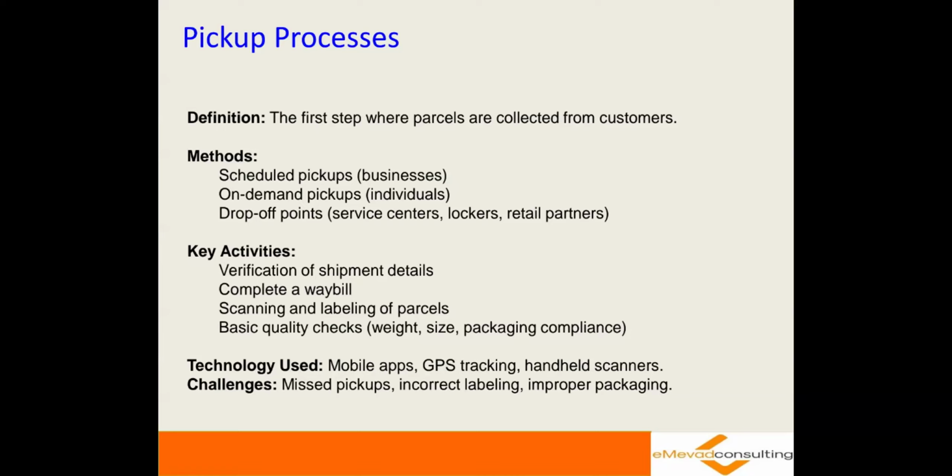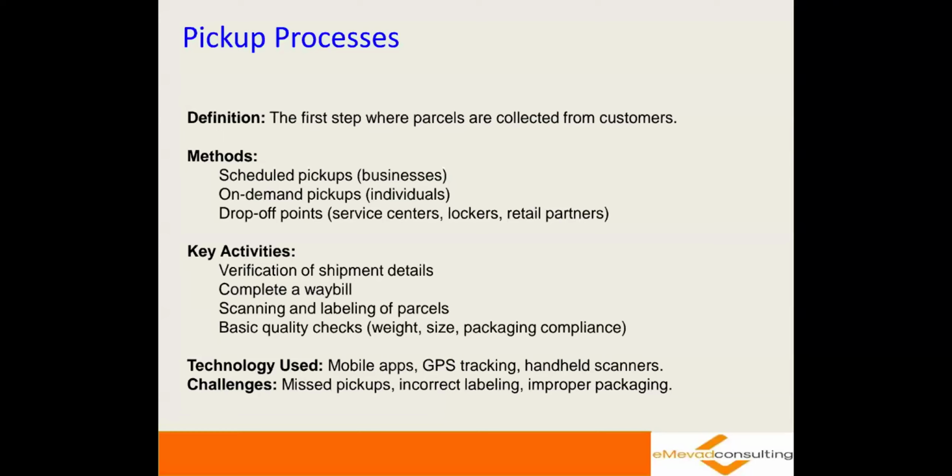And on some waybills, there are what are called barcodes. The barcodes are what the courier company normally scans and uploads onto the system to be able to trace and track the package. So a waybill must be completed for every package that must be picked up.